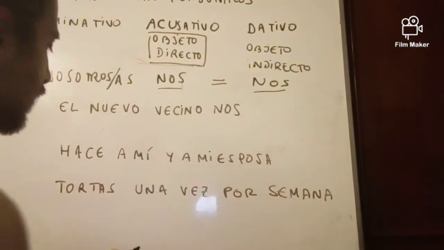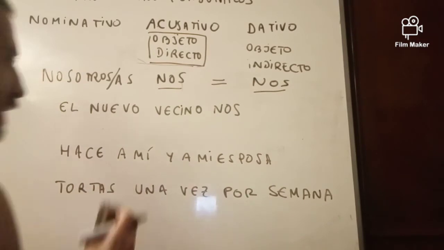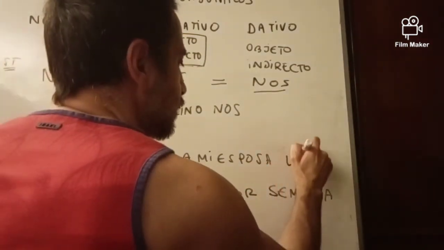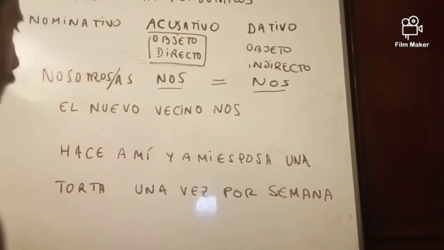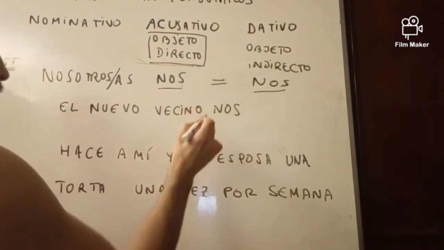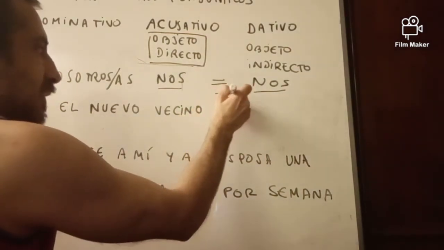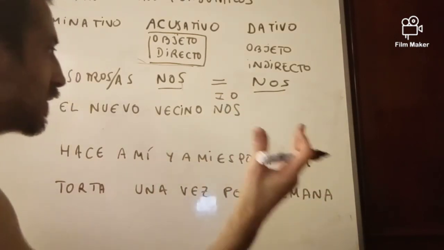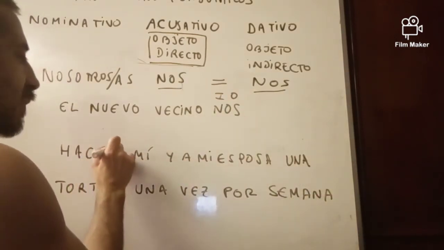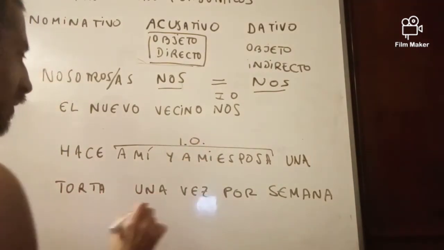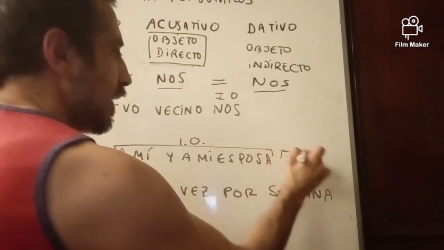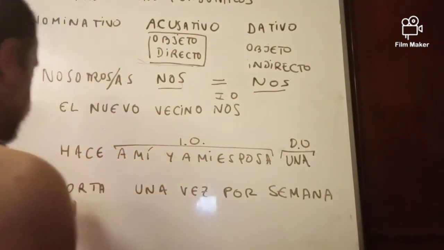We haven't seen the plural, so we'll say una torta. Let's see. This is indirect object. You'll see why when I translate it. A mí, a mi esposa, indirect object 2. Una torta, direct object.